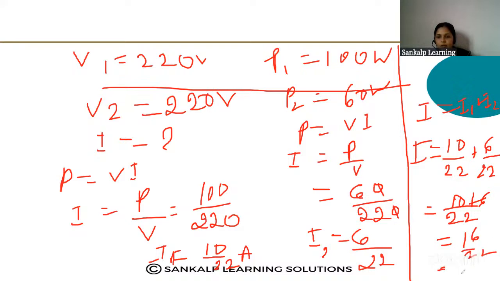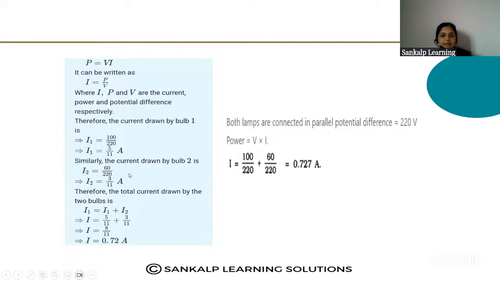That is 0.72 ampere. So I is equal to 0.72 ampere. This is the correct method of solving this question. You can solve this question like this also. This is how to solve this question, another method.